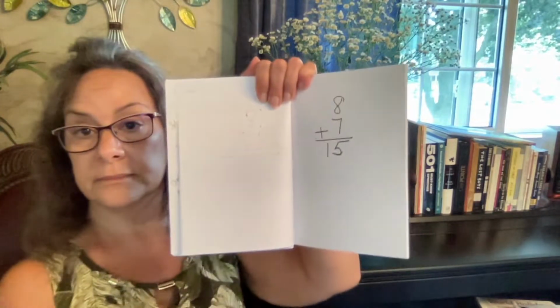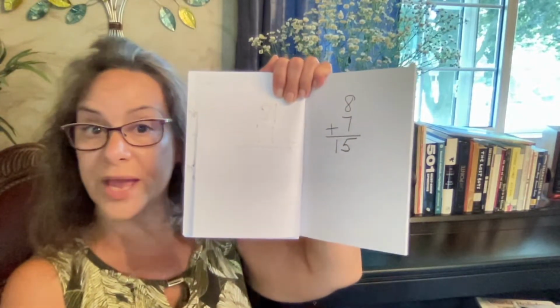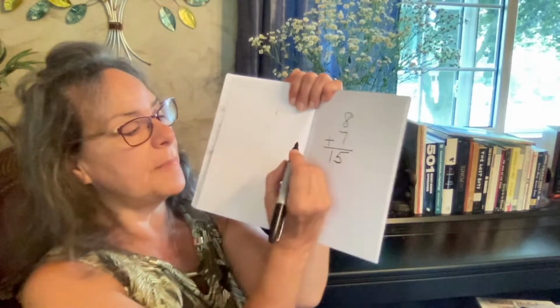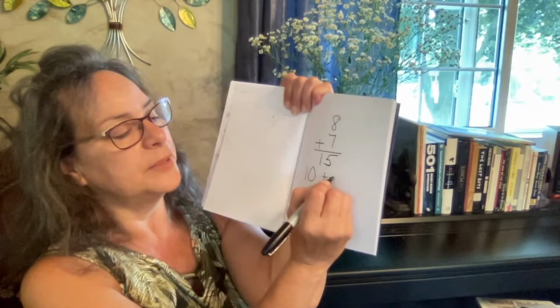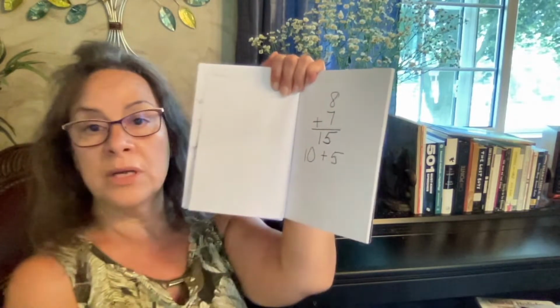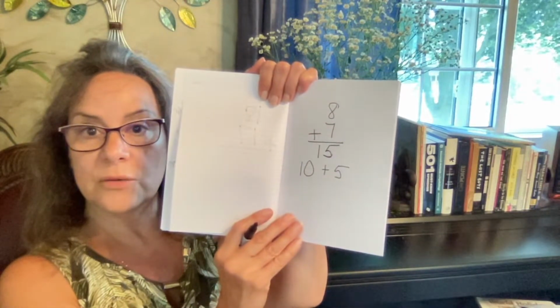So 8 plus 7 equals 15, which is made up of 1 ten plus 5 ones, right? 1 ten plus 5 ones.